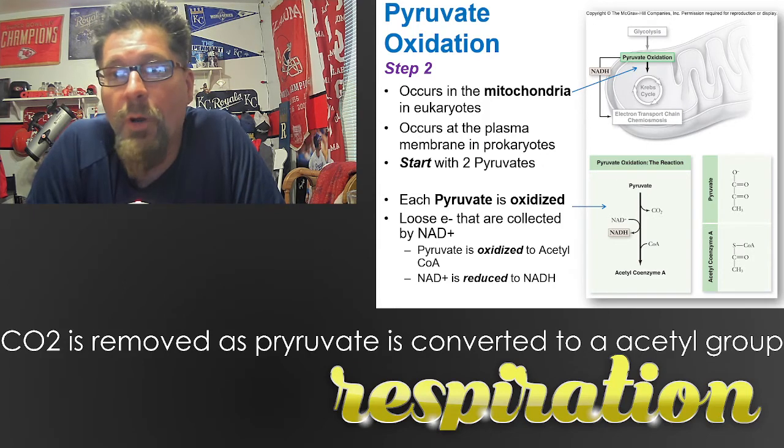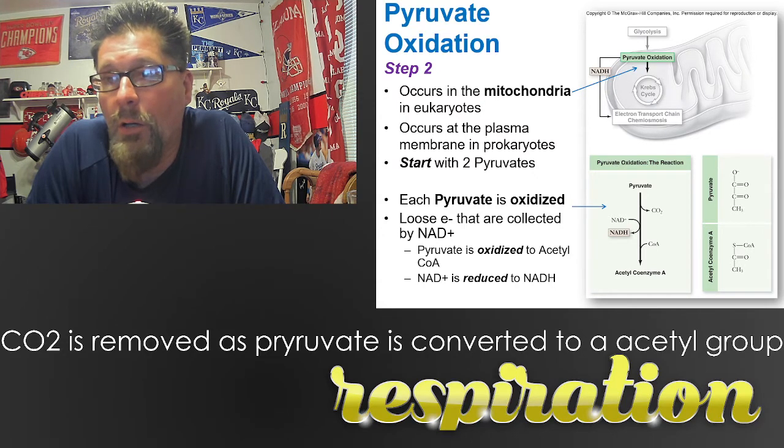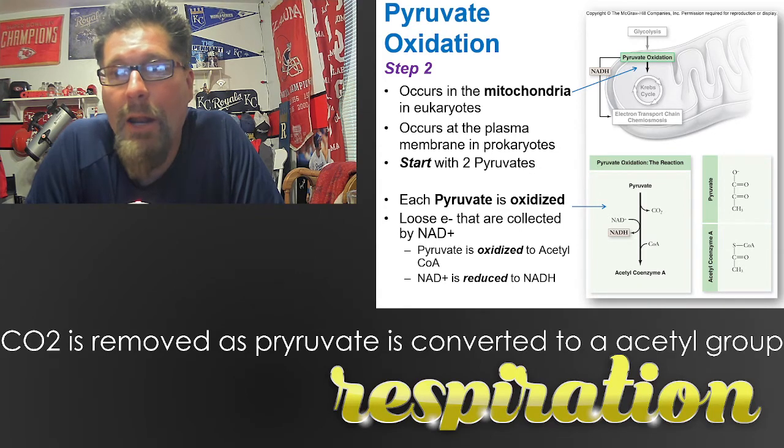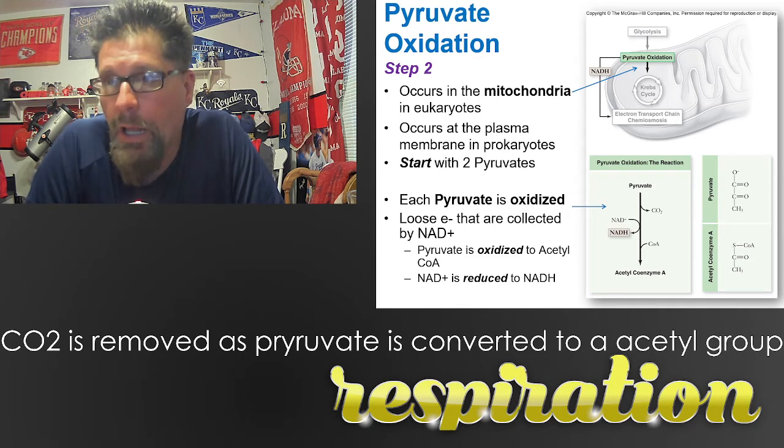But what's really the focal point is that carbon dioxide coming off of the molecule, converting it to acetyl coenzyme A. It's basically an enzyme being added to make it an acetyl group, but with that carbon dioxide being removed.